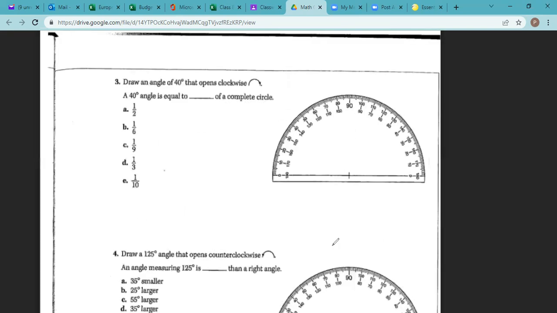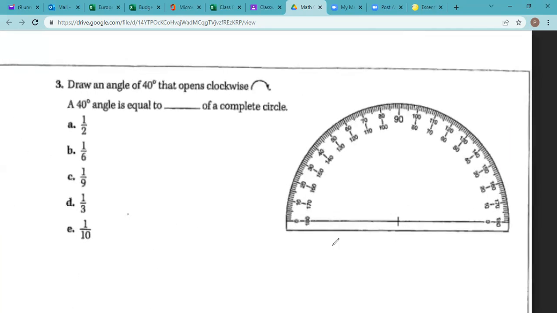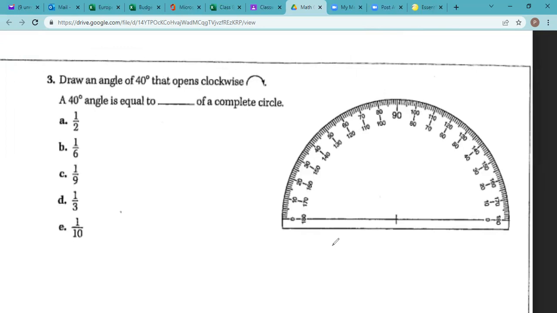All right. Number 3. It says that you're going to draw an angle of 40 degrees that opens clockwise, okay? So this is number 3. All right, so that means we're gonna start over here to the left where the 0 is.